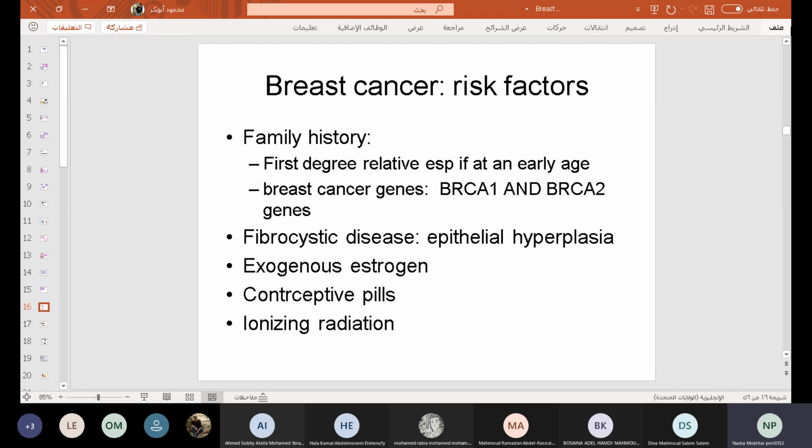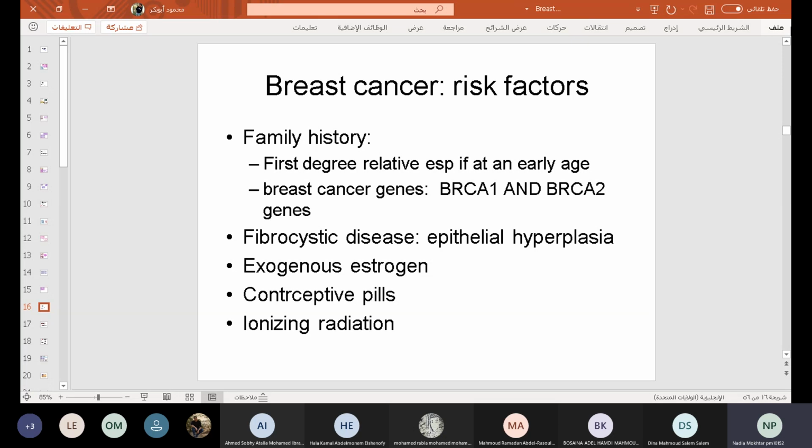Meaning that she has some factors in her breast that will make her more amenable or more exposed to develop breast cancer. What are these factors? We talked about some of them, but now we will talk about another important one: family history. We all heard about families that have many cases of breast cancer.